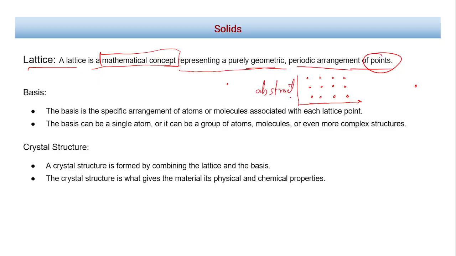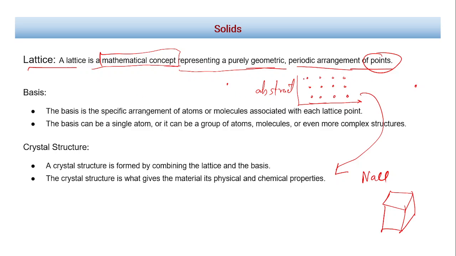But we need this to get to the crystals which we have around us, like NaCl crystals or some other iron unit cell. Those things we have, but these points are not actually there, but we need them to understand how we get crystals. So this is just an abstract concept, but it is based on periodic or regular arrangement of points in space.